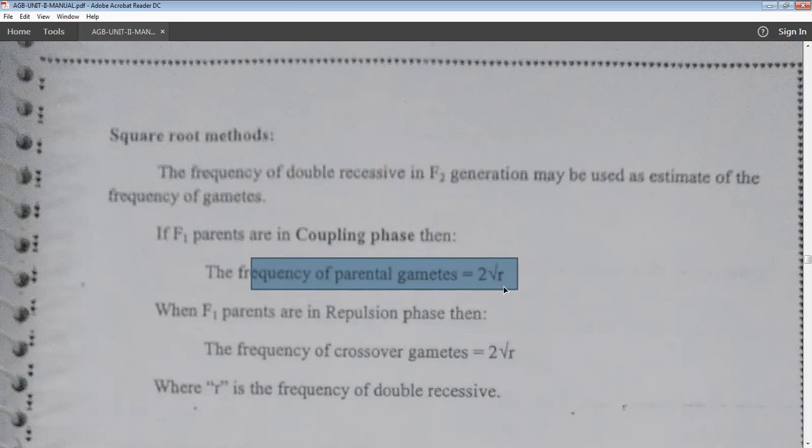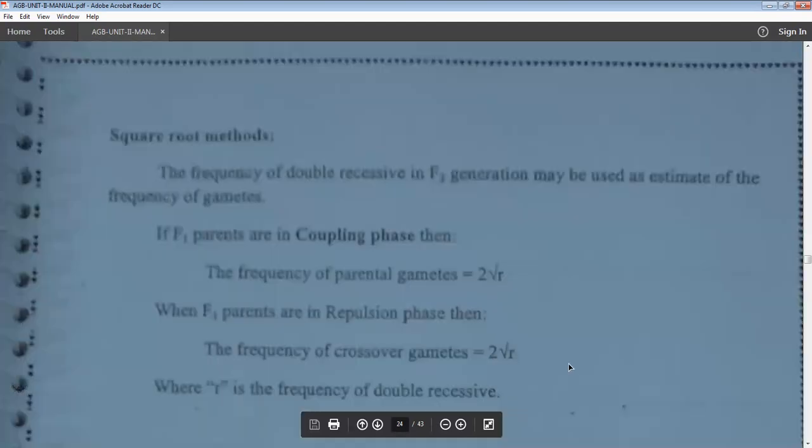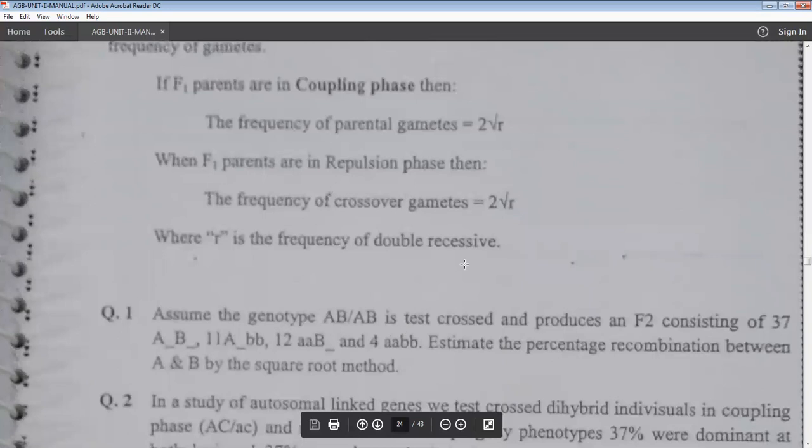The frequency of crossovers, if it is in the repulsion phase, is also 2 square root of r, where r is the frequency of the double recessive.